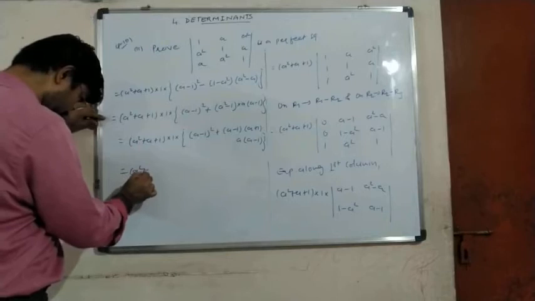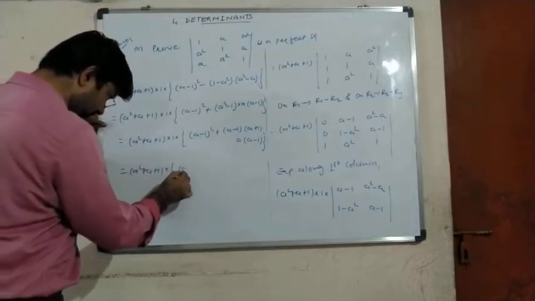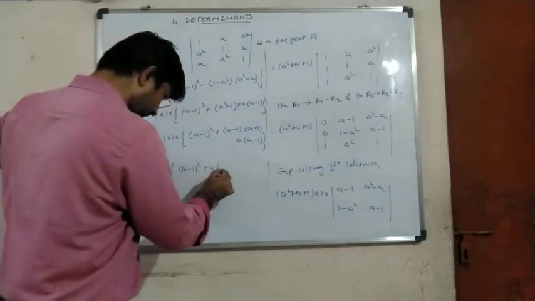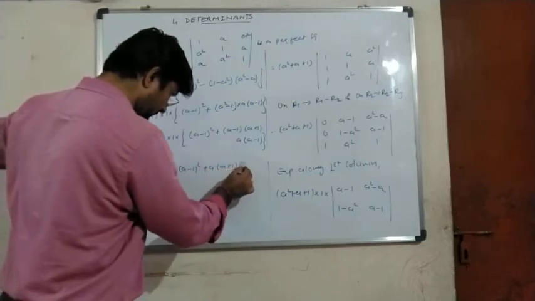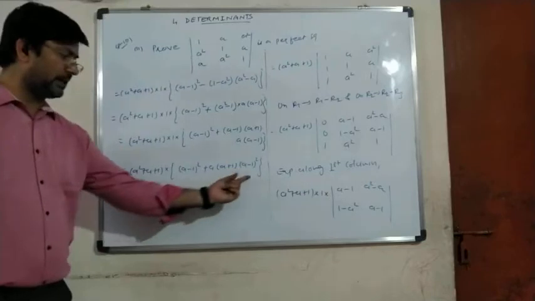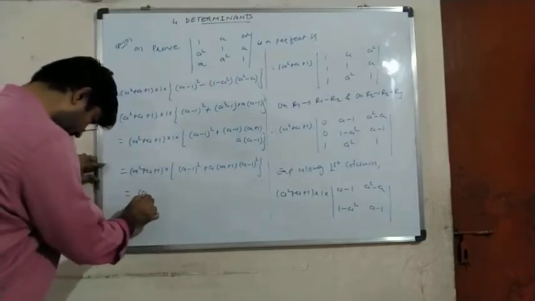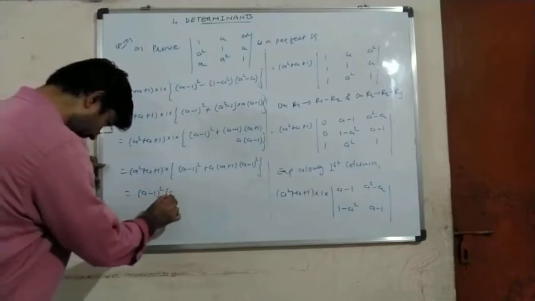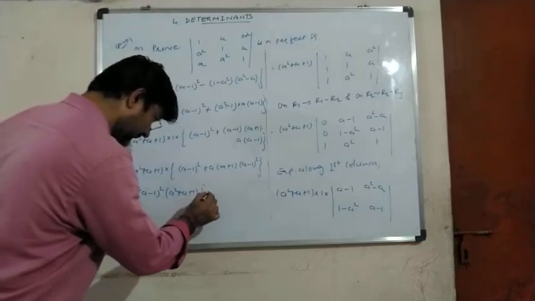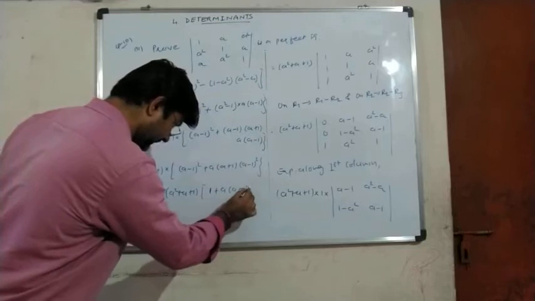So a square plus a plus 1 into a minus 1 the whole square plus a into a plus 1 into a minus 1 the whole square. Now we can take a minus 1 the whole square common from both the terms. So a minus 1 the whole square into a square plus a plus 1, and inside we will get 1 plus a into a plus 1.